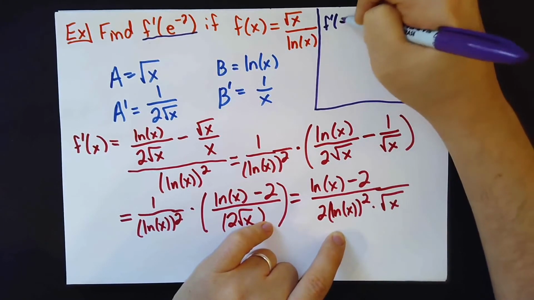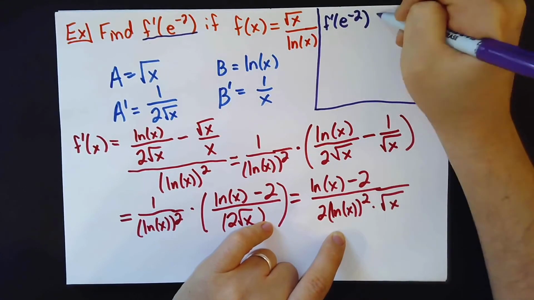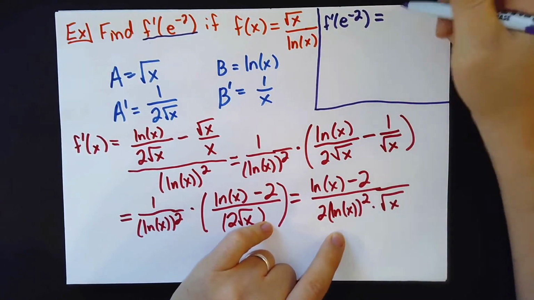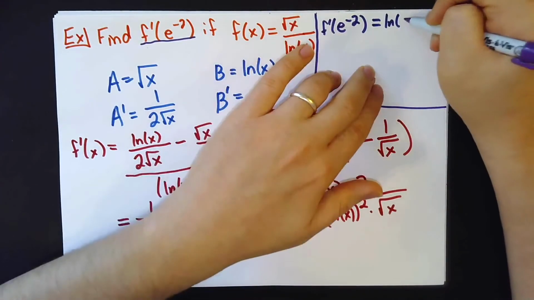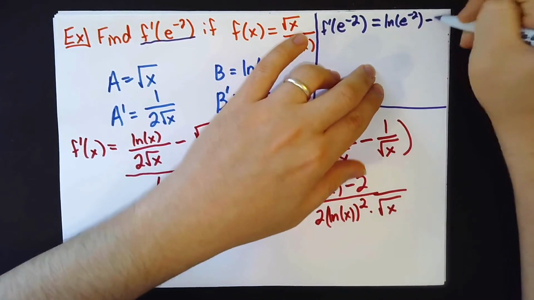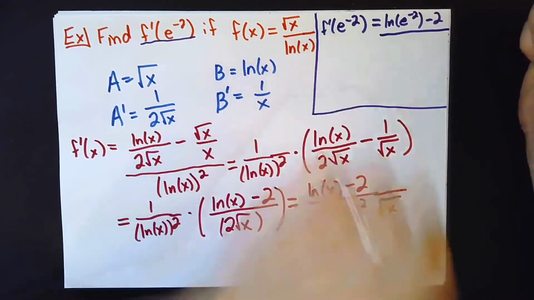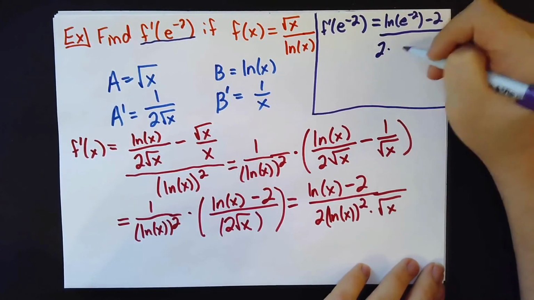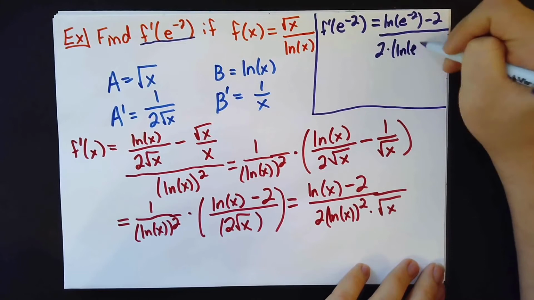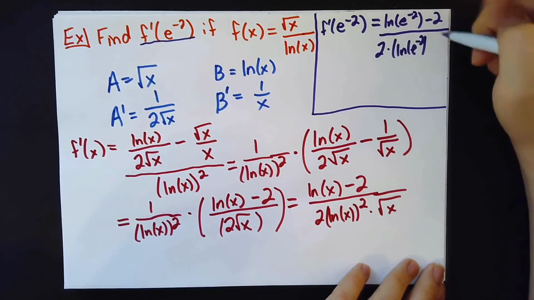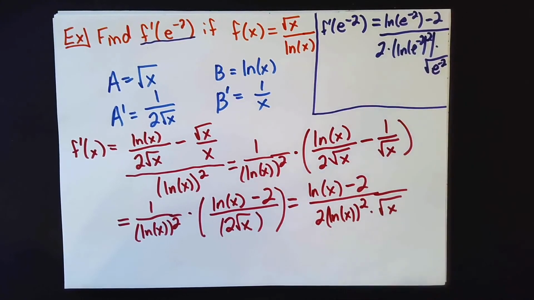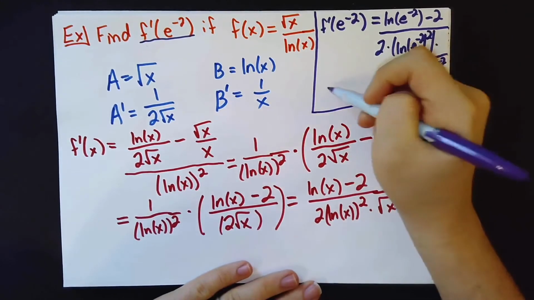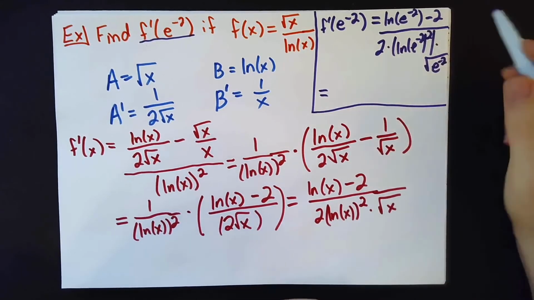Okay, so let's now find out what f prime of e to the minus 2 is. It is going to be the natural log of e to the minus 2 minus 2, divided by 2 times the natural log of e to the minus 2 squared times the square root of e to the minus 2. Okay, which I can write much more easily.